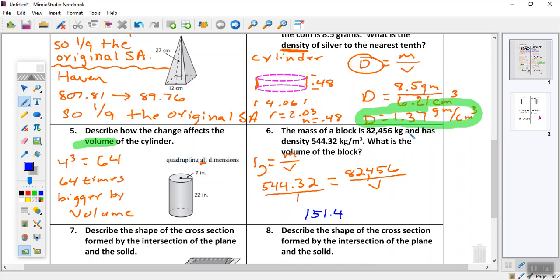What volume unit was measured in the density part? So cubic meters for volume, right? So far, so good?